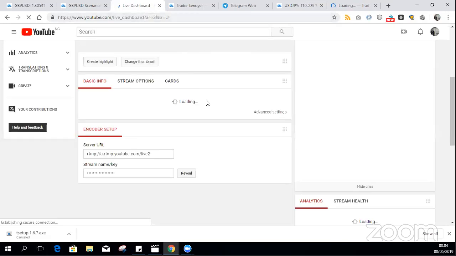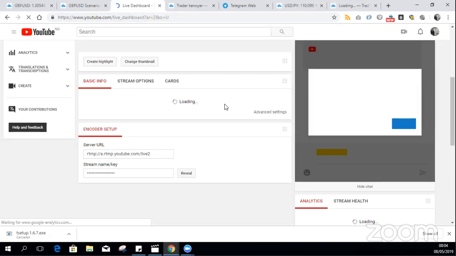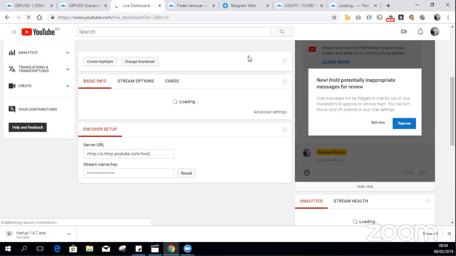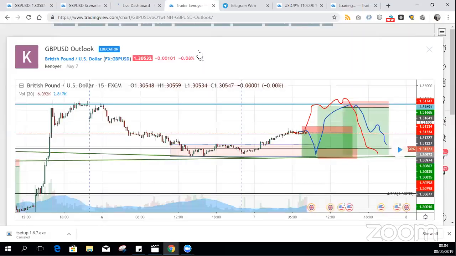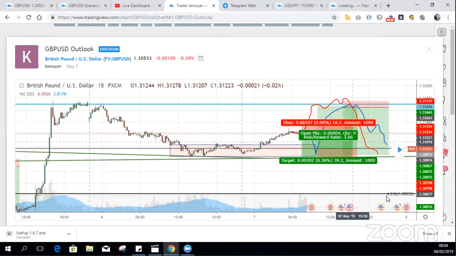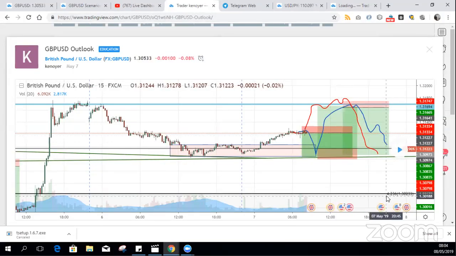Okay, I'll just go grab the YouTube link so anyone on here can see that. Let me just confirm. I believe we're live. Okay. So this was our USD outlook yesterday. See how this baby plays out.